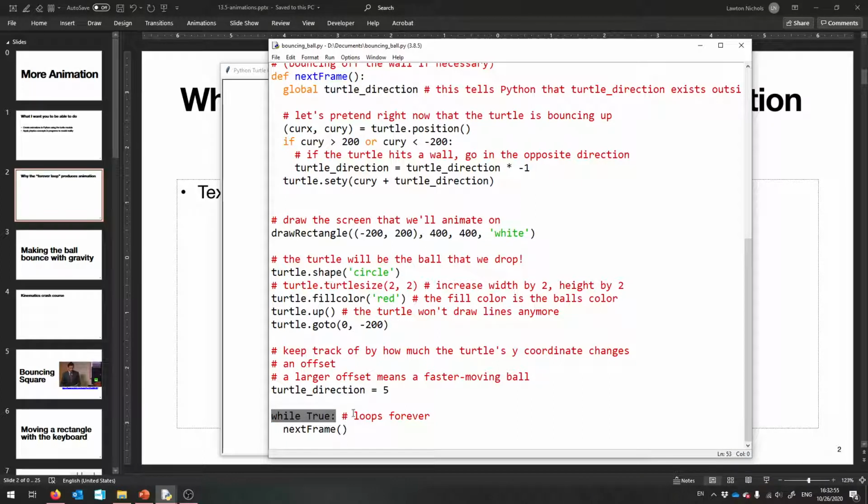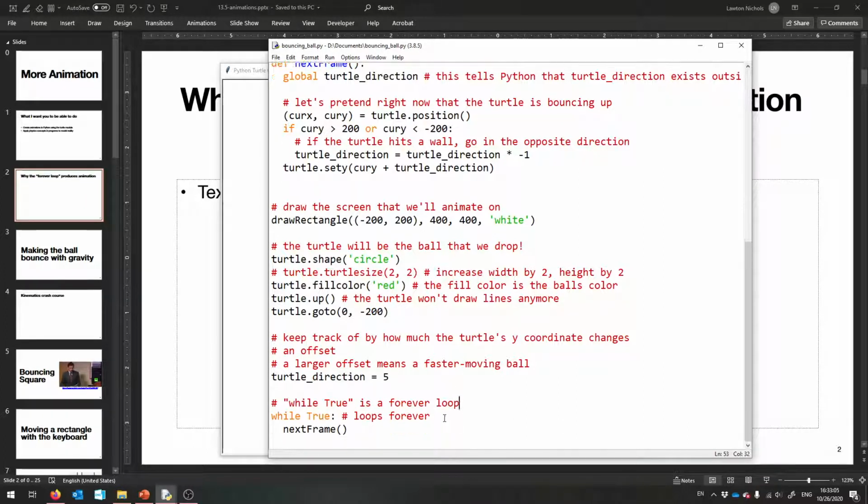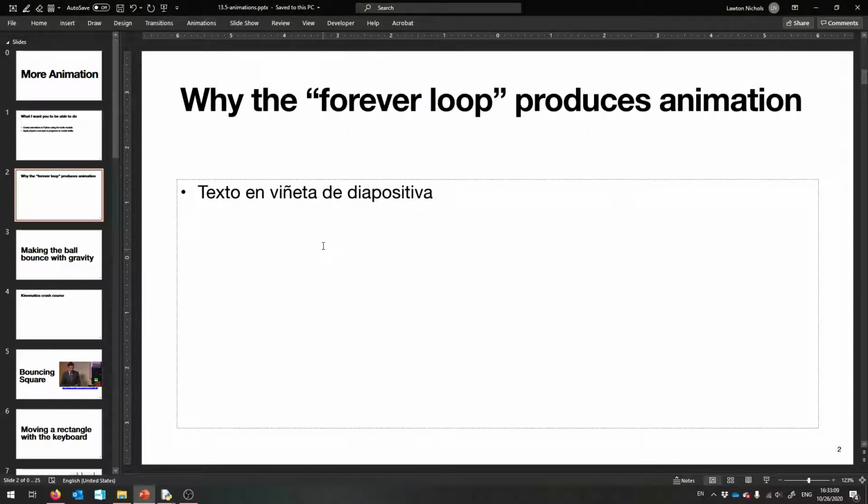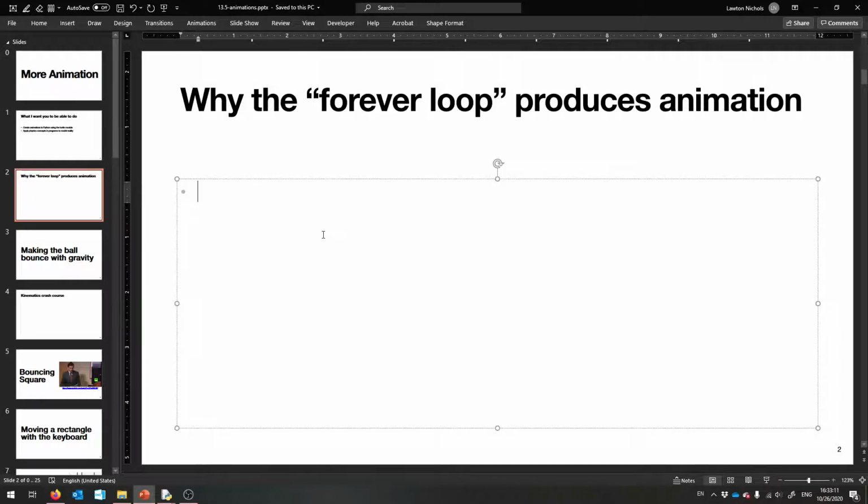Why does this loop forever? It always loops. It just keeps on coming back to itself because the condition's always true. Why does this forever loop process animate? In theory, the program should never do anything, right?